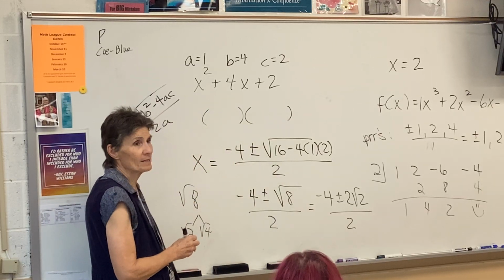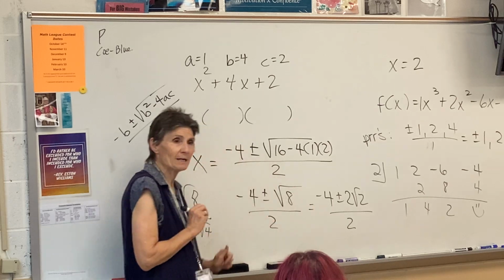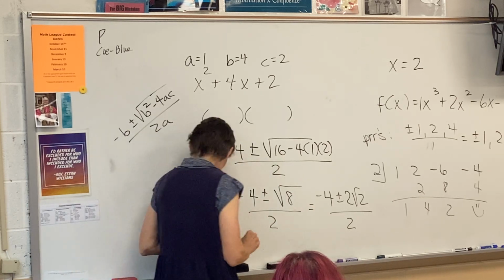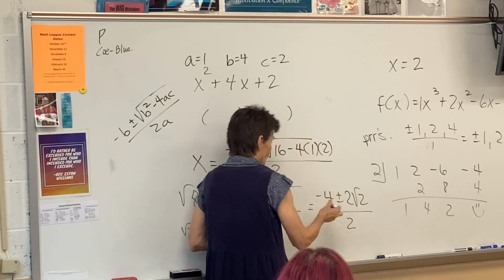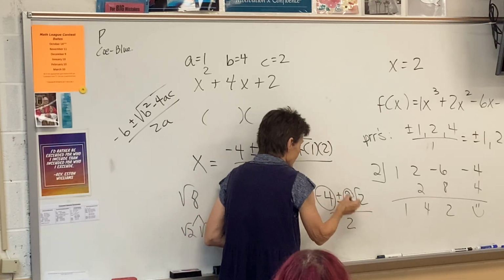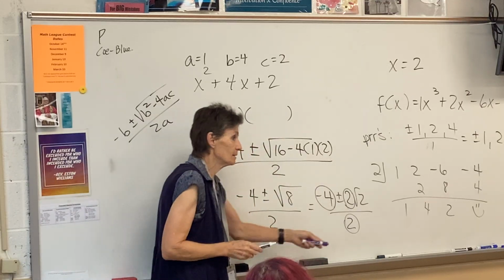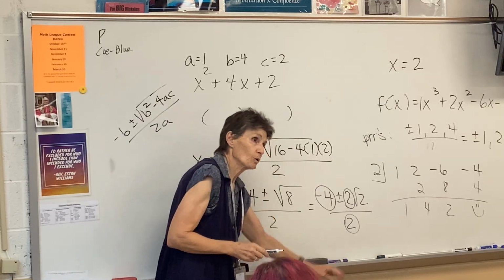And this is the problem that never ends. What do you notice about it now? You don't notice that all of those are divisible by 2, and so we're going to cancel.